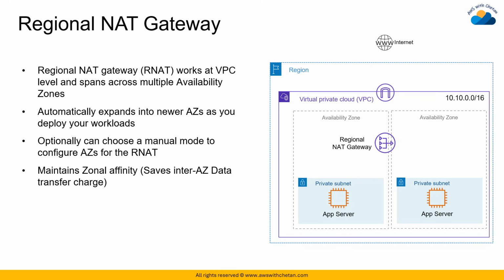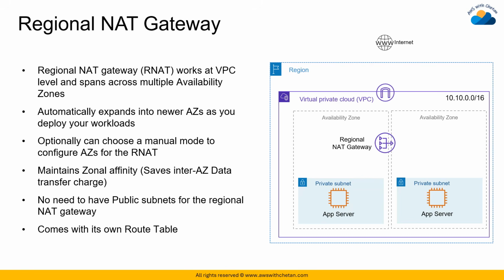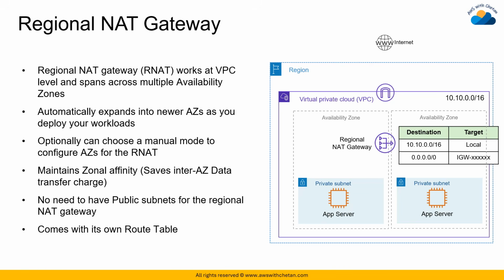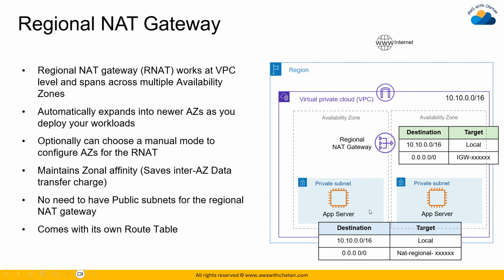Further, because it is now a fully managed service, you don't need to create the public subnet for this Regional NAT Gateway. AWS will manage it for you. There will also be a route table which will be automatically created for this Regional NAT Gateway. So this means for the end user, we just need to configure the private subnet route tables and route the internet-bound traffic through the Regional NAT Gateway.